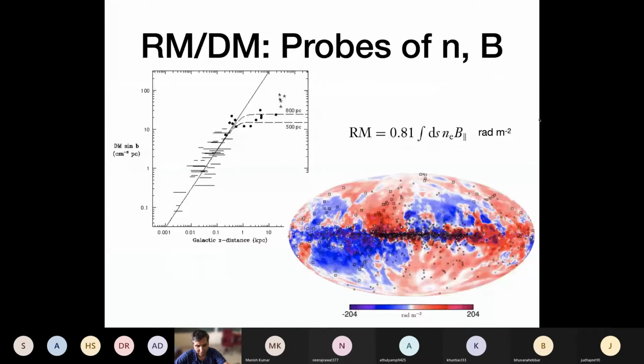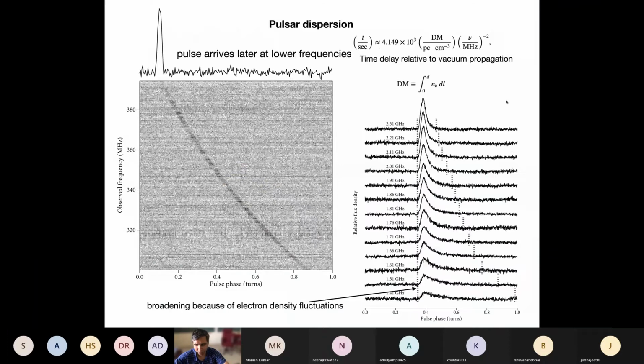Right. So this is that difference that arises because of this omega p squared term. And this omega p squared, if you recall, is proportional to the number density along the line of sight. So this dispersion measure is conveniently measured.